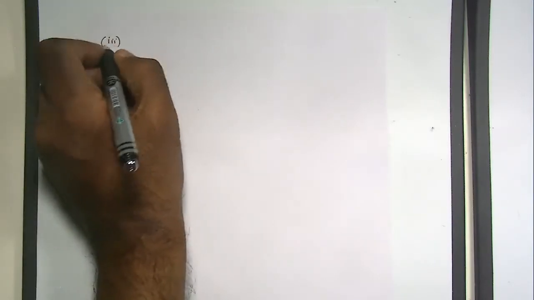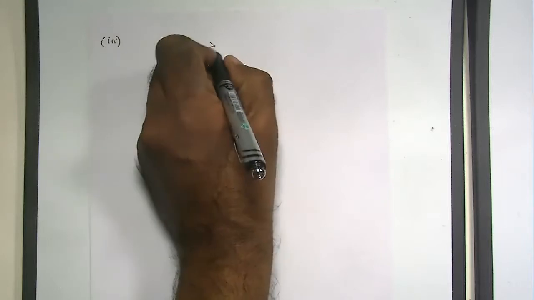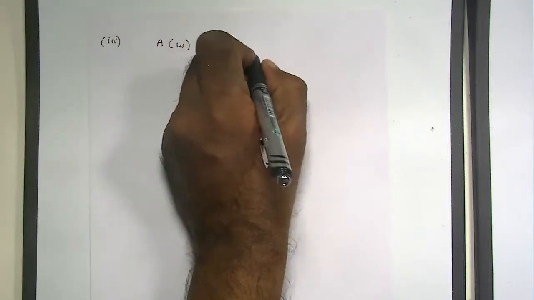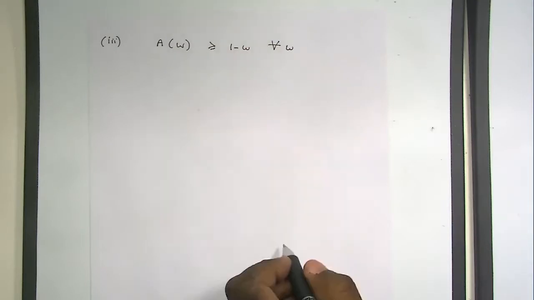And part 3 is similar to part 2. We want to prove that A of omega is greater than or equal to 1 minus omega for all omega.